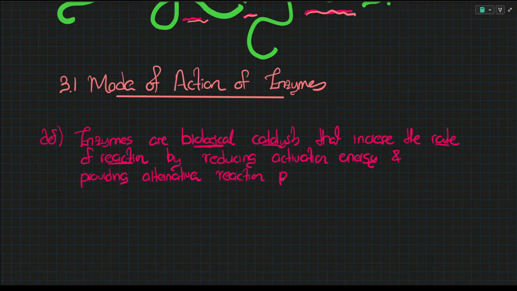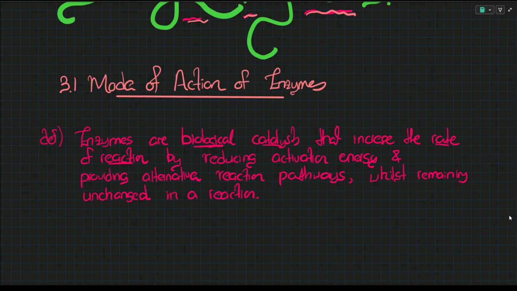Alternative reaction pathways. And one of the most important things when it comes to an enzyme is that they cannot change after the chemical reaction is complete. They should remain as it is, so they remain unchanged in a reaction.